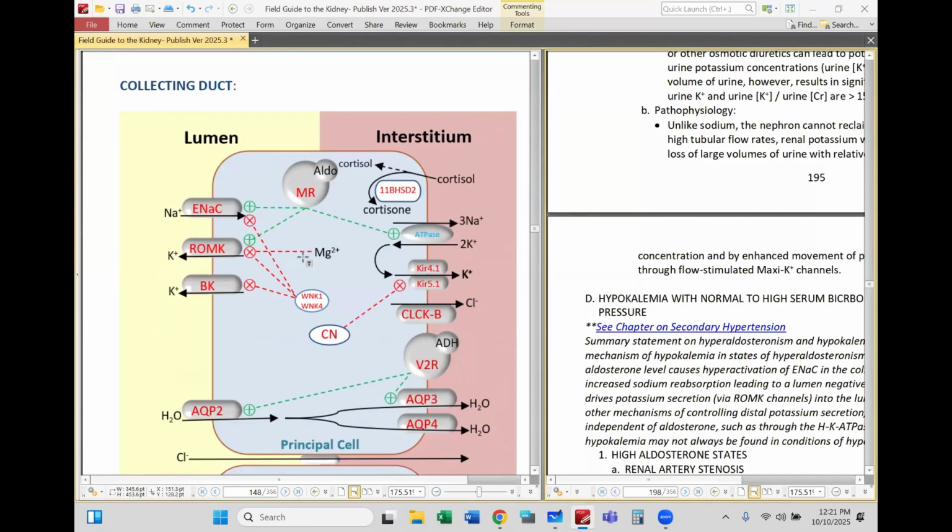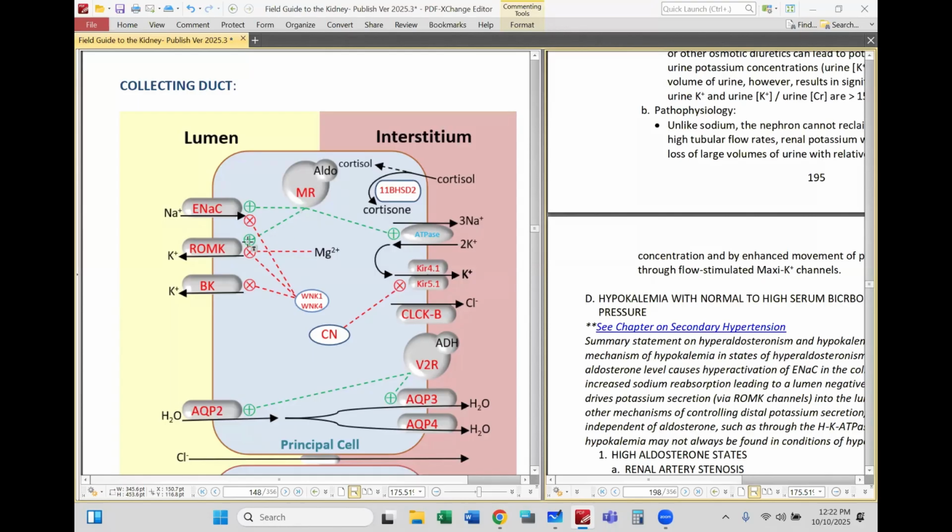Here we are again. You can see maxi-K or big K, ROMK here as well. We have our magnesium, intracellular magnesium cation, which actually physically plugs the K channel, right? It actually impedes transport of other cations by essentially blocking the pore formed by ROMK. And so when you have intracellular magnesium deficiency, right, magnesium deficiency, but intracellular magnesium deficiency more specifically, you get a more open ROMK channel.